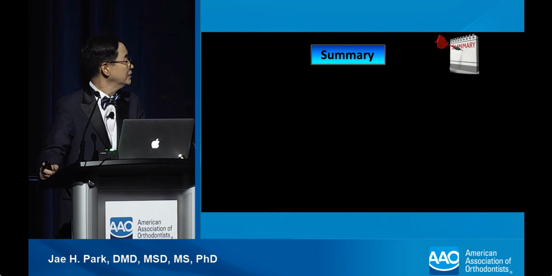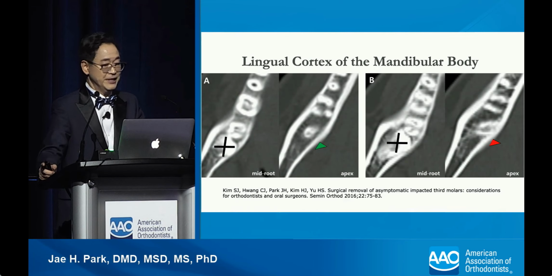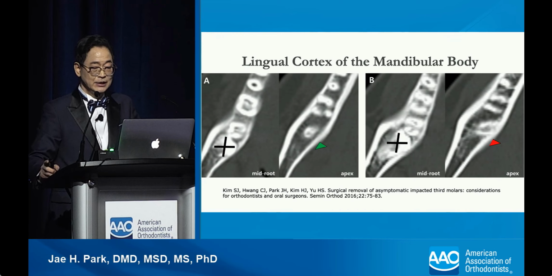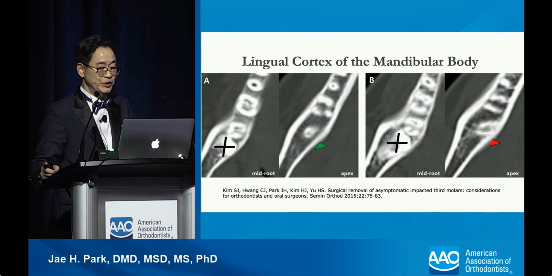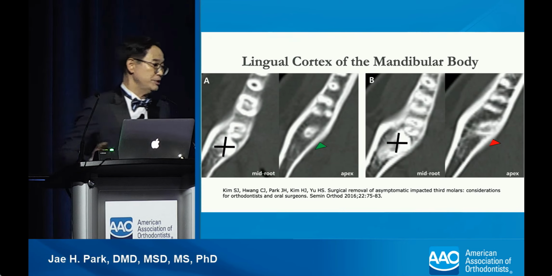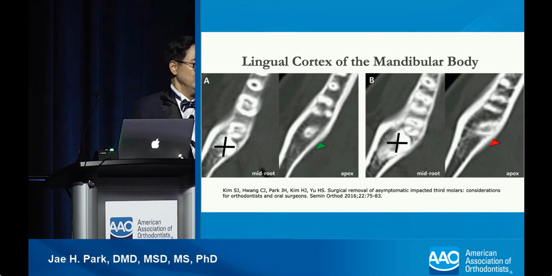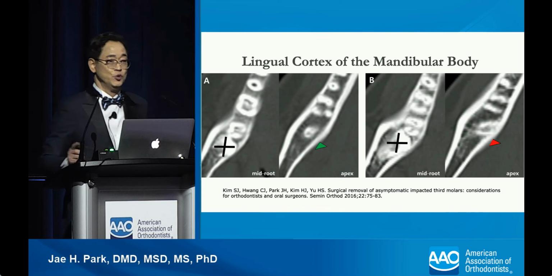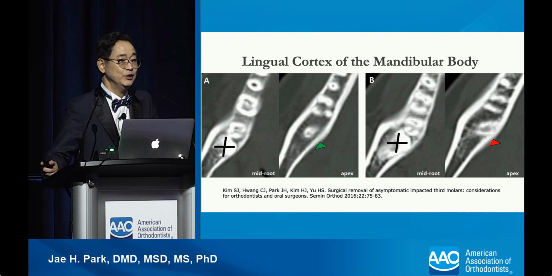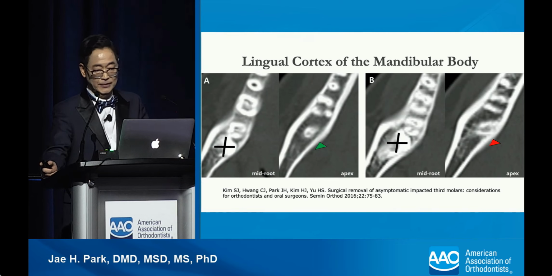However, in patient B, after extraction of lower 8, lower 7 distalization is limited by root contact with the lingual cortex of the mandibular body. So if we are considering significant distalization, please take CBCT and remember this. And this is the posterior limit of the mandibular distalization.